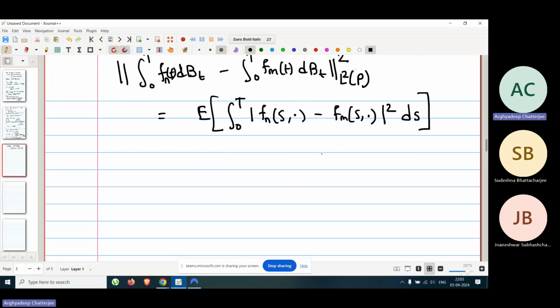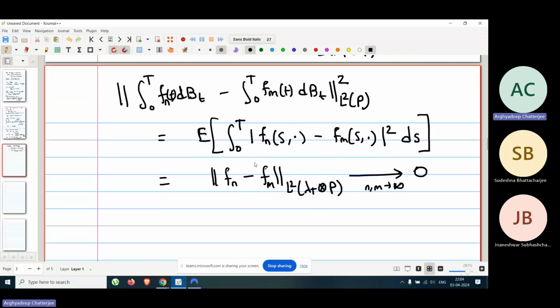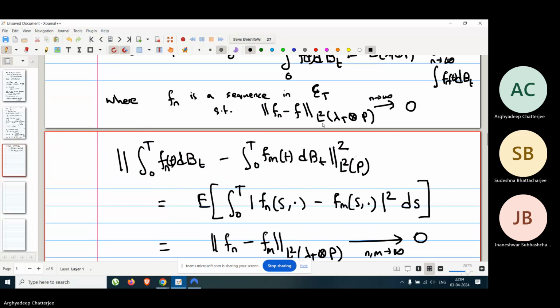And this is just the norm of Fn minus Fm in L2 of lambda_t product P, and this tends to 0 as n and m tend to infinity. So this proves that if we have a Cauchy sequence in this norm L2 of lambda_t comma P, then the sequence of integrals Fn dBt will also be a Cauchy sequence.